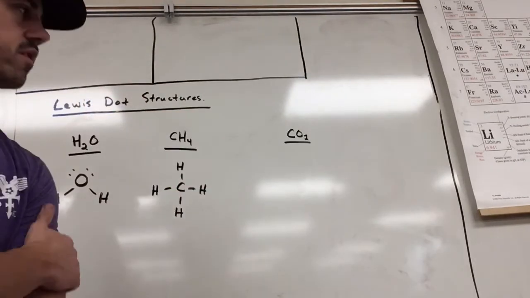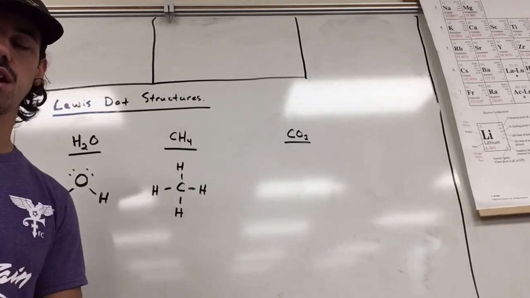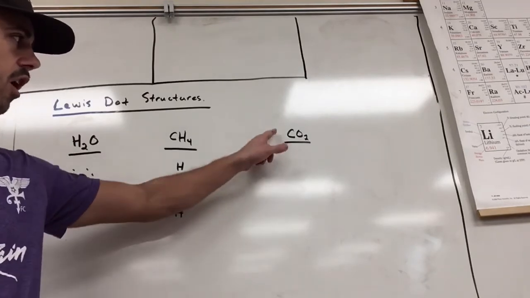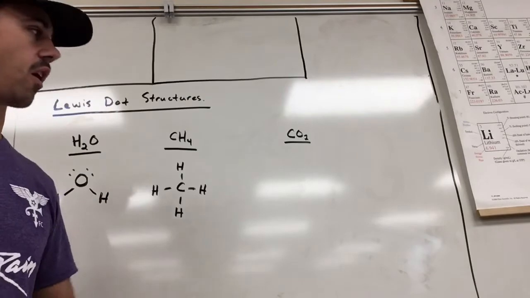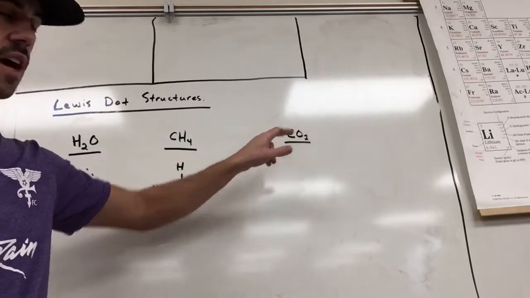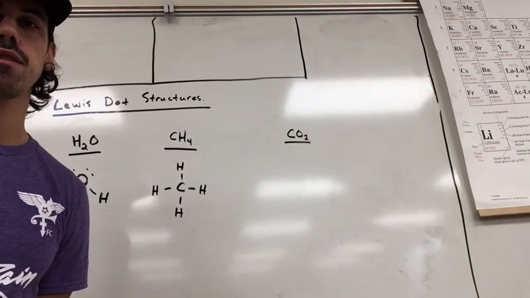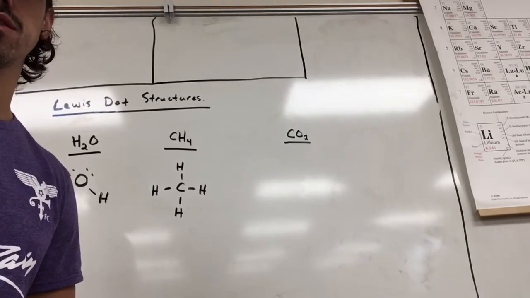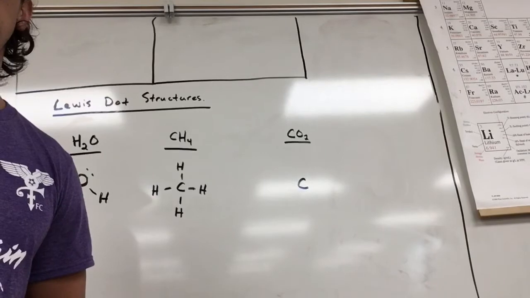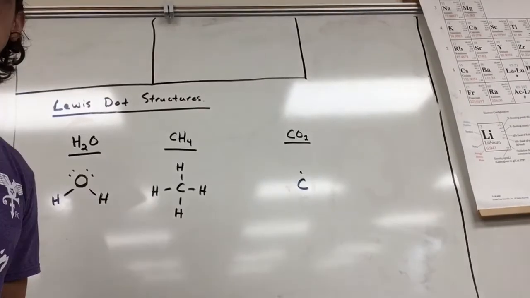So let's look at CO2 and see how carbon is going to share its electrons with oxygen in order to form double bonds, so that all of these atoms here end up with a total of 8 valence electrons. The first thing we're going to do is start with carbon as our central atom, and then we'll draw in the valence electrons of carbon.